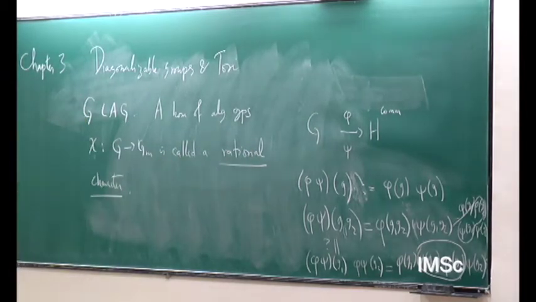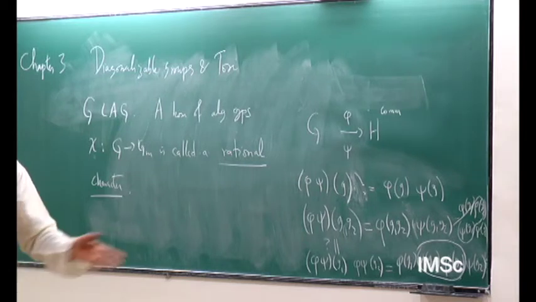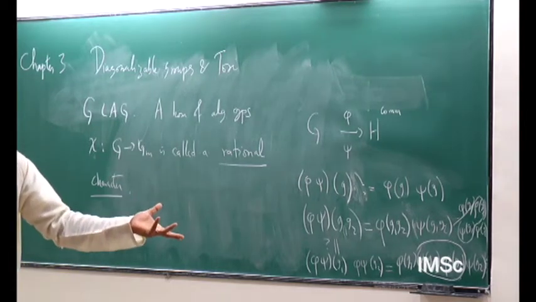If I take a group, then group homomorphisms to C star are called characters. Now the word character is used in many different senses in group theory. Character can mean a character of a representation, etc. They are all related with each other. So this is yet another use of the word character.